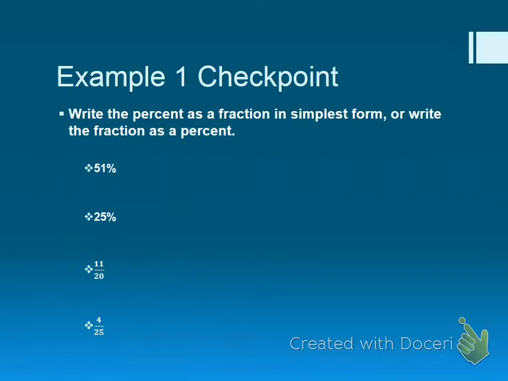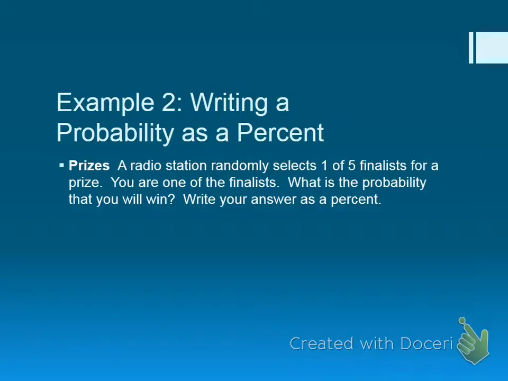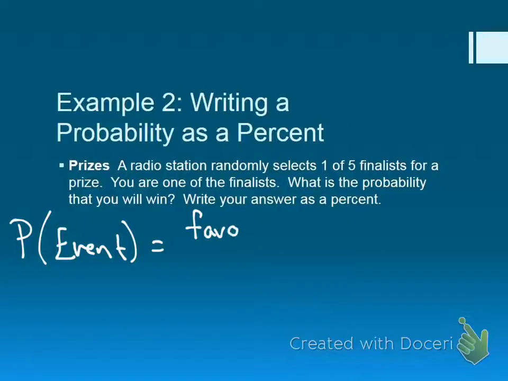All right, so that's it for example 1. Now in example 2, I'm looking at probability. It starts off real simple. Now remember with probability, the probability of an event is, what's my ratio? Favorable over what?